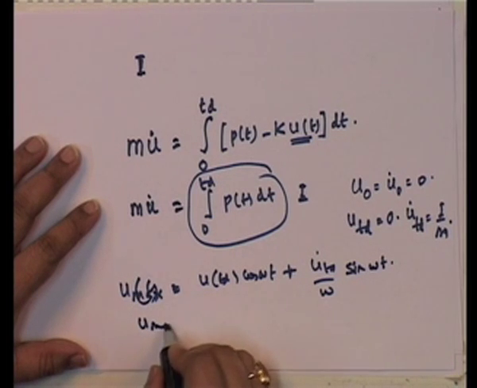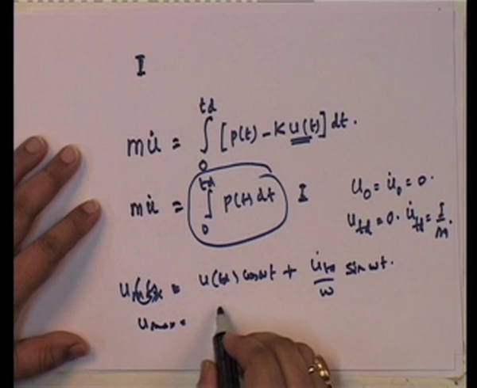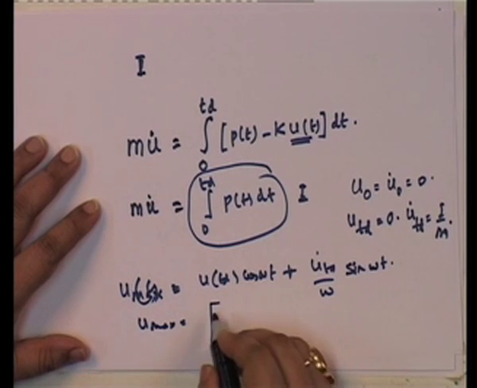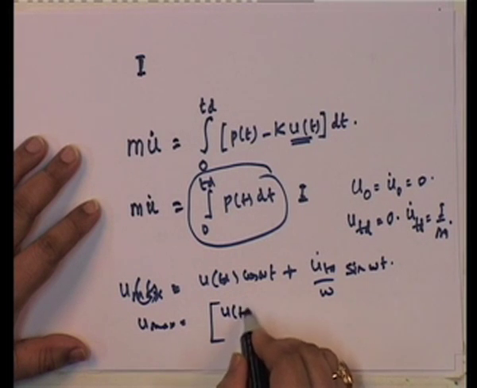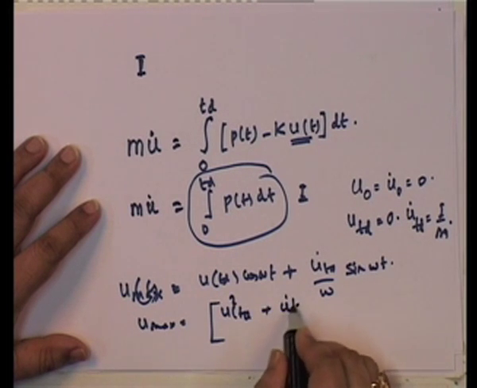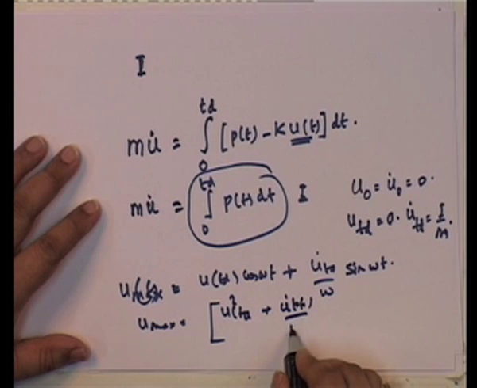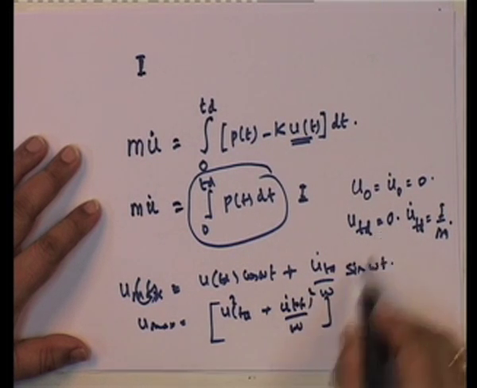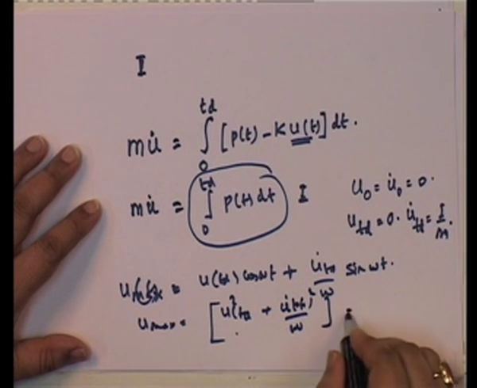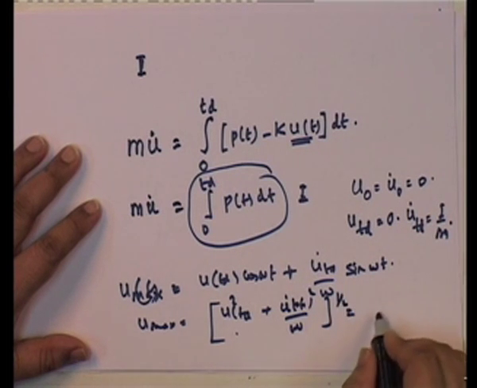So, u max is going to be equal to the square root of u T d squared plus u dot upon omega squared. Here u T d is 0.